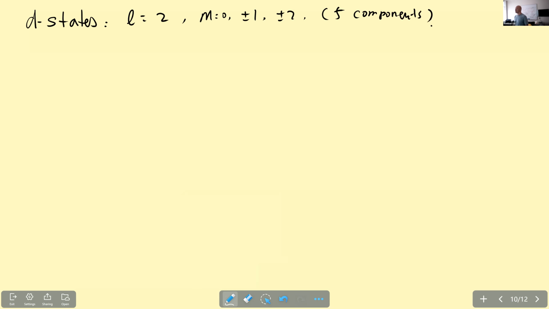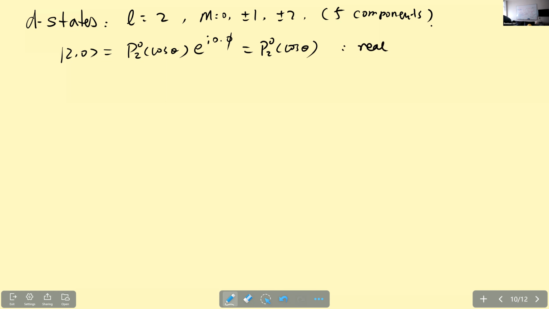For each L, there will be 5 different M. We call this one Y_2,0, which equals P_2,0 cosine theta times e to the i 0 times phi. So that's P_2,0 cosine theta. It's already a real function.